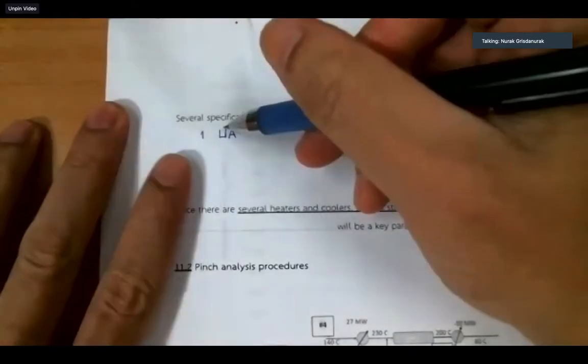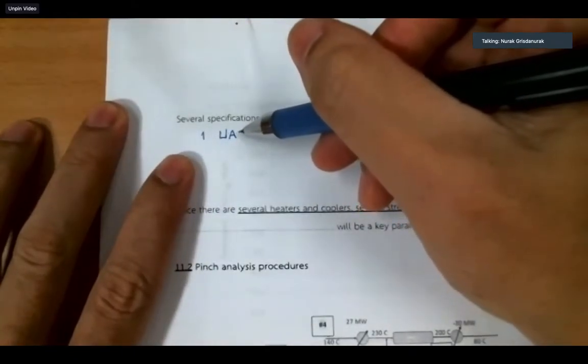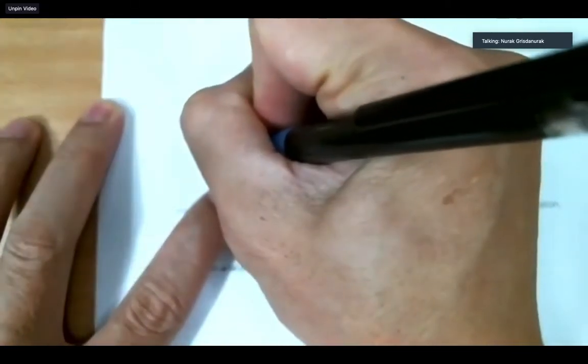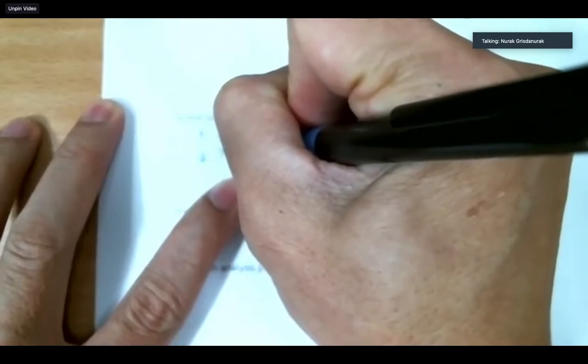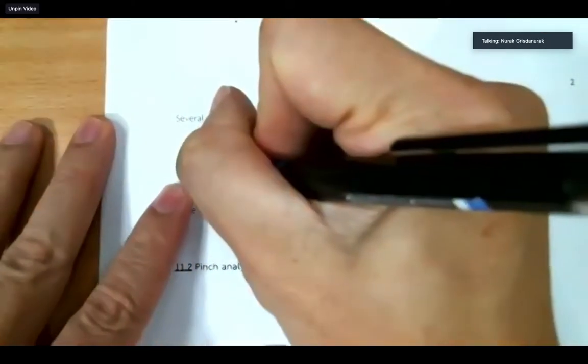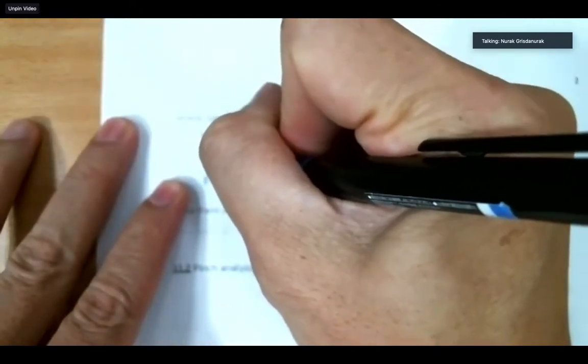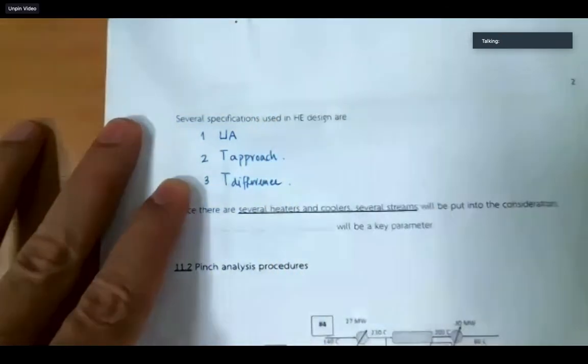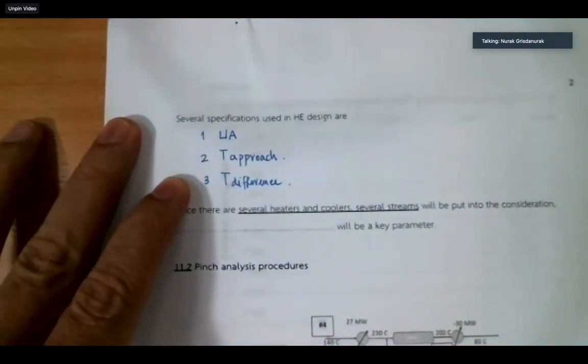UA, the overall heat transfer coefficient with area. What else? You may need to find the temp approach. You need to assign the temp approach, or you need to assign the temp difference. What does it mean?